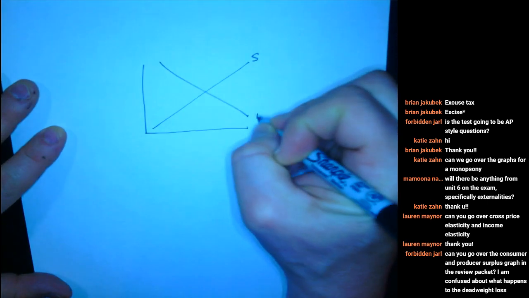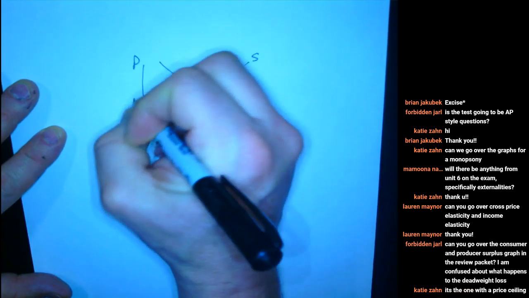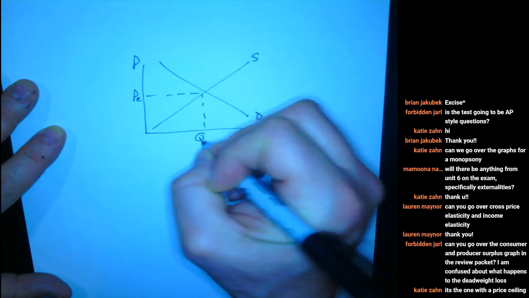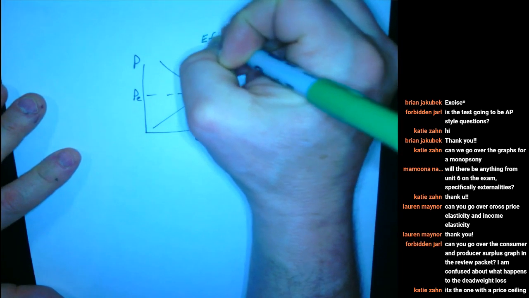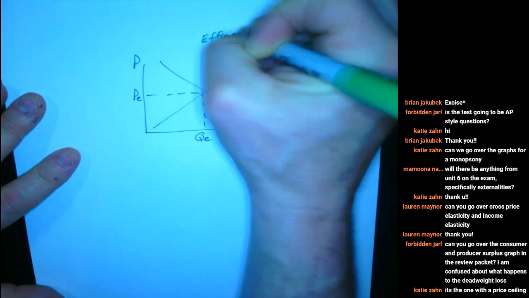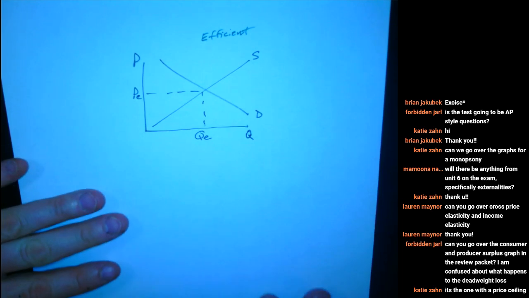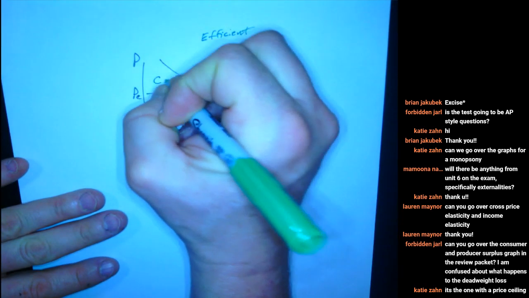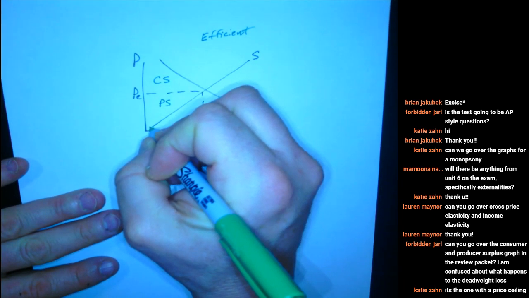So if we have supply and we have demand, here's quantity, here's price, PE, and QE. What happens is that if we are efficient, right here, this is consumer surplus, and that is producer surplus.